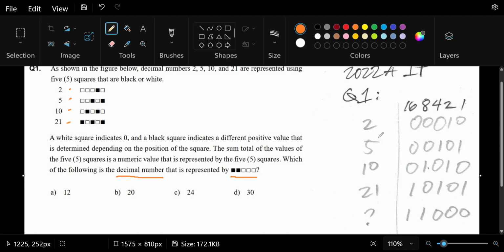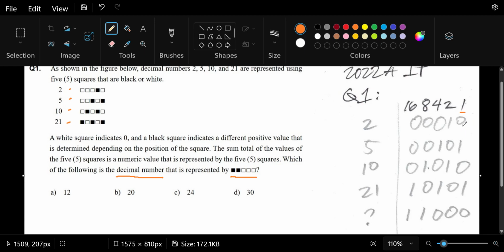If we start off first with the rightmost column, and if we set it to 0, then the decimal value would be 0. But if we put number 1 here for the rightmost first column, then that is equivalent to a 1.